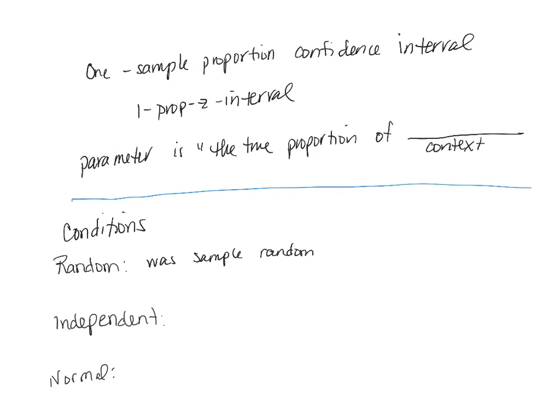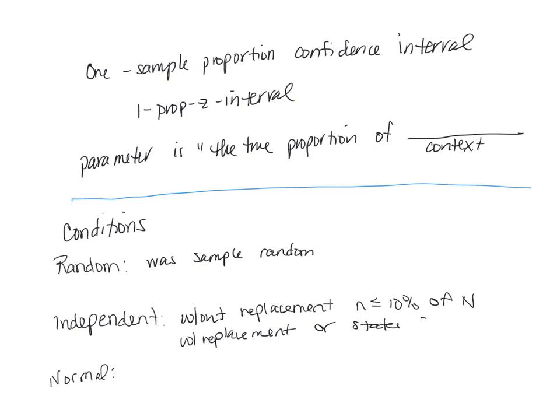Does it say a simple random sample, etc.? Independent, we say that without replacement, the sample size has to be less than or equal to 10% of the population size. We're getting very comfortable with that one. With replacement, or it states independence.